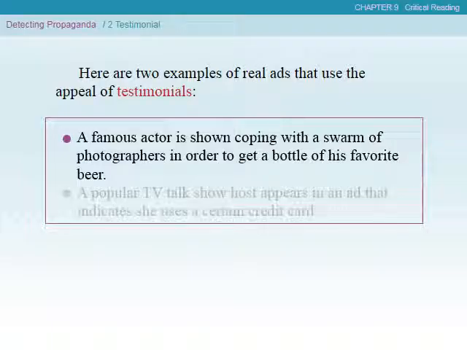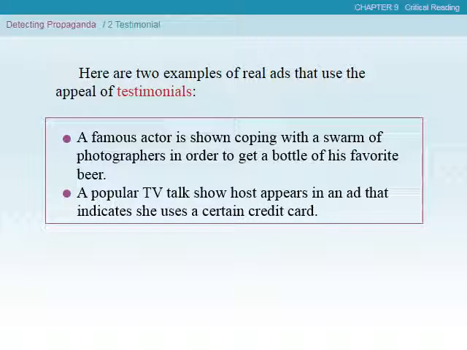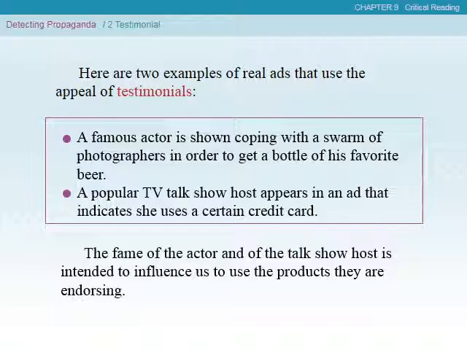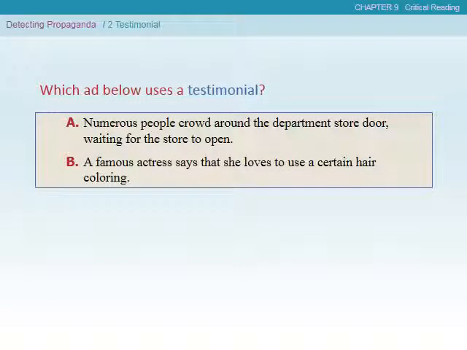A popular TV talk show host appears in an ad that indicates she uses a certain credit card. In each one of these we have someone famous being associated with the product being sold. In the first case, beer. In the second case, the credit card. The fame is what they're trying to use to influence us. If you like that famous person, you should also like the product.